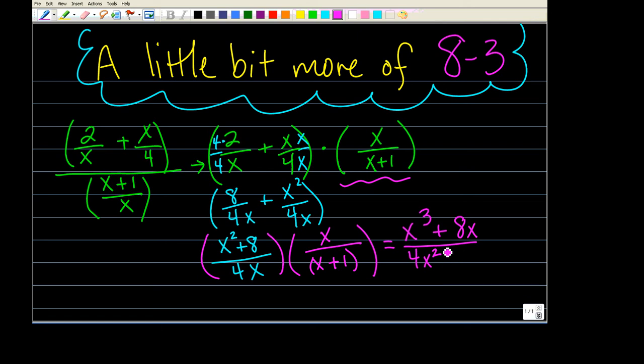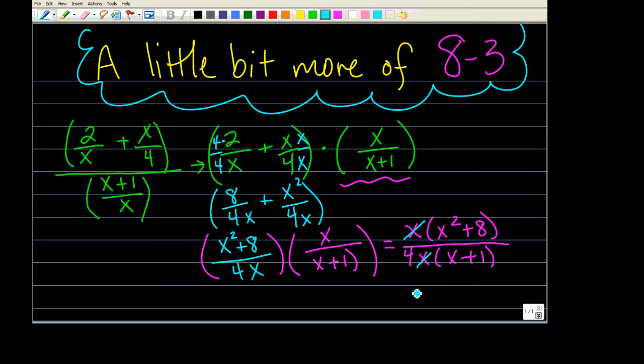But you know what? Let's actually go back and do one thing. Before we distribute that, let's just write it as what it is. So we have x times x squared plus 8. The reason being is sometimes you should probably think ahead, just because if you multiplied it out, you may end up having something you'll have to factor again anyways. So the reason I wanted to rewrite it back as this again is notice that we've got that x on the top and the x on the bottom, they cancel.